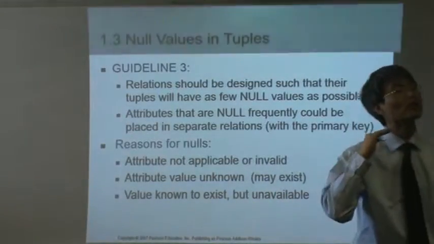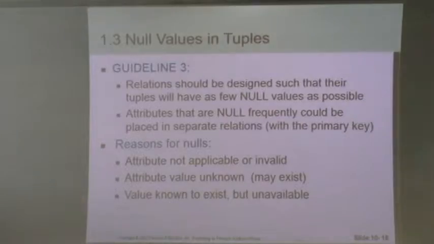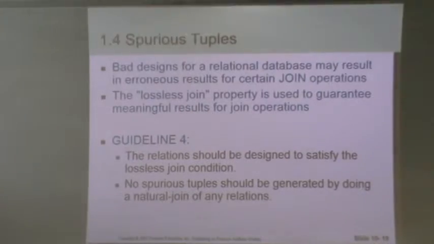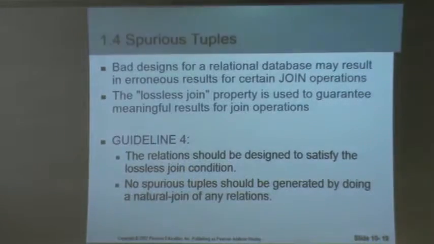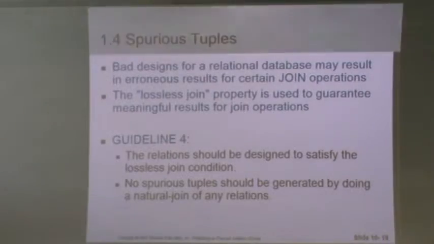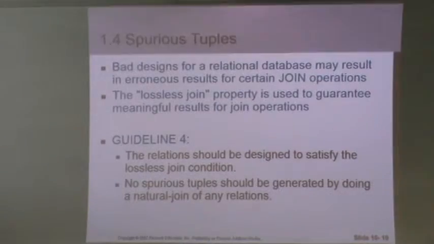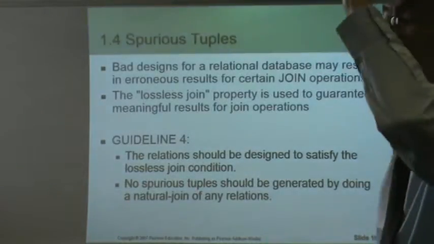You need a physical data structure to represent the null data. The first guideline, one meaning, one table. Second guideline, no anomalies. Third guideline, as few nulls as possible.